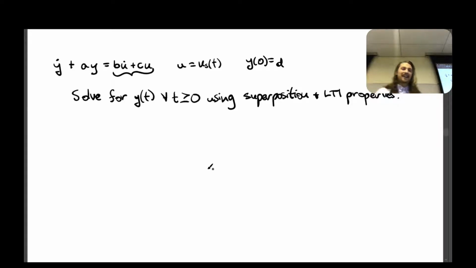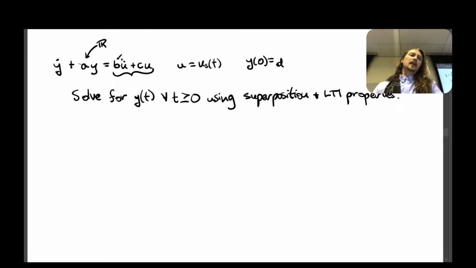So let's actually solve this problem here. We've got a first order system. Highest derivative is first derivative, y dot, plus ay. a is going to be some real constant, a real number.